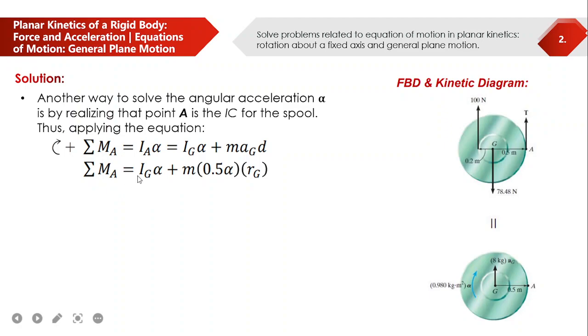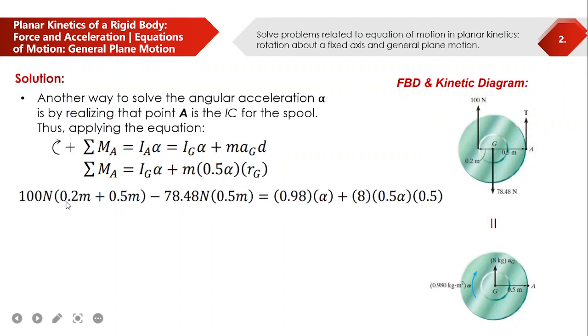The summation of all the moments at point A is equal to I sub G times alpha plus M times 0.5 alpha times R sub G. So that will be 100 Newton times 0.2 plus 0.5 minus 78.48 Newton times 0.5 equals 0.98 alpha plus 8 times 0.5 alpha times 0.5.